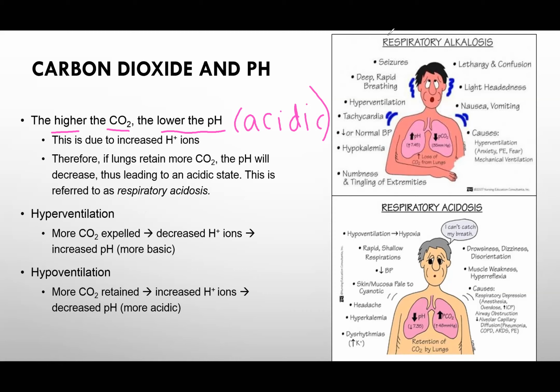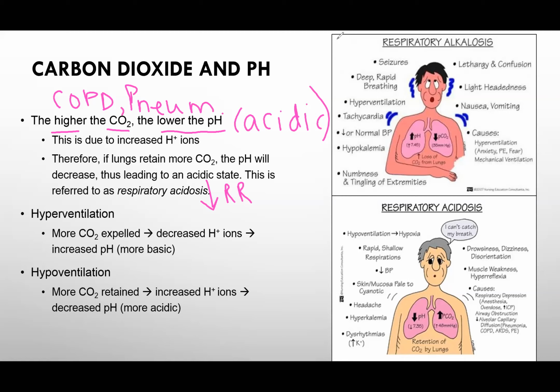One of the biggest causes of this would be things like, let's see, high CO2 can be caused by COPD. It can be caused by pneumonia. It can be caused by anything that decreases your respiratory rate, like overdose or certain drugs that are CNS depressants. Okay, so anything that decreases respiratory rate, because remember, we're breathing in oxygen and we're blowing out CO2.